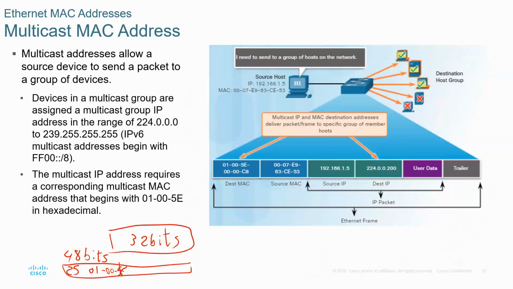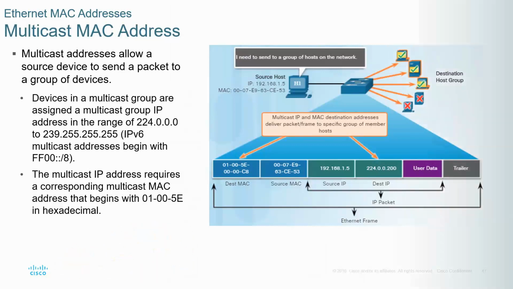This is a constant value that indicates that this is a multicast packet. And the remaining 23 bits are important from the rightmost 23 bits in the IP address. So you take the rightmost 23 bits of the multicast group IP address and you put them as the rightmost 23 bits of the multicast MAC address. And this becomes your multicast MAC.